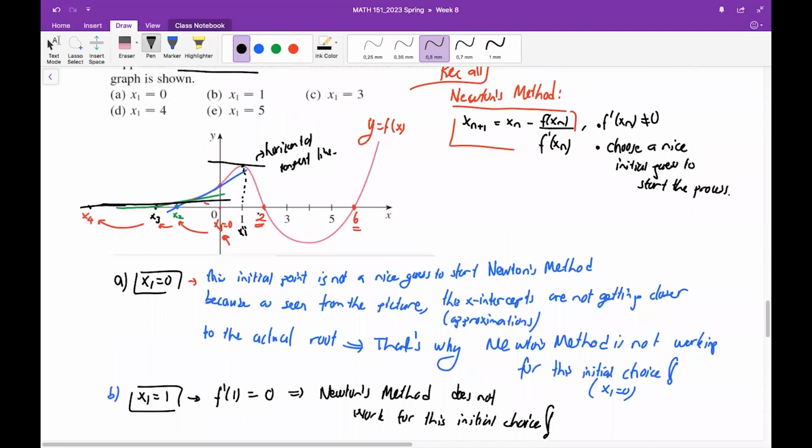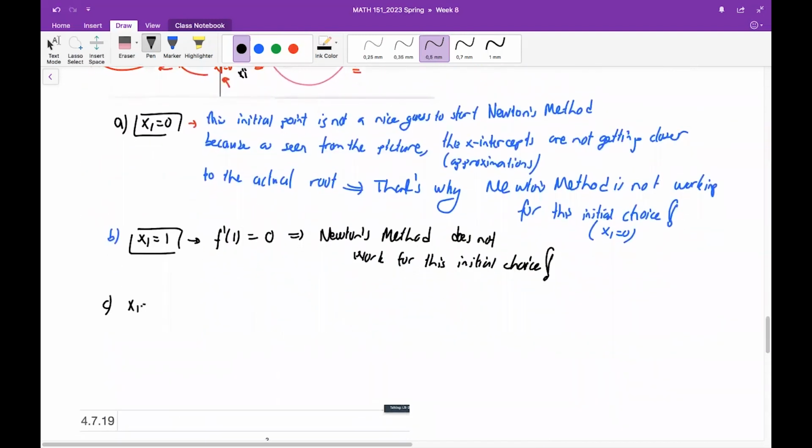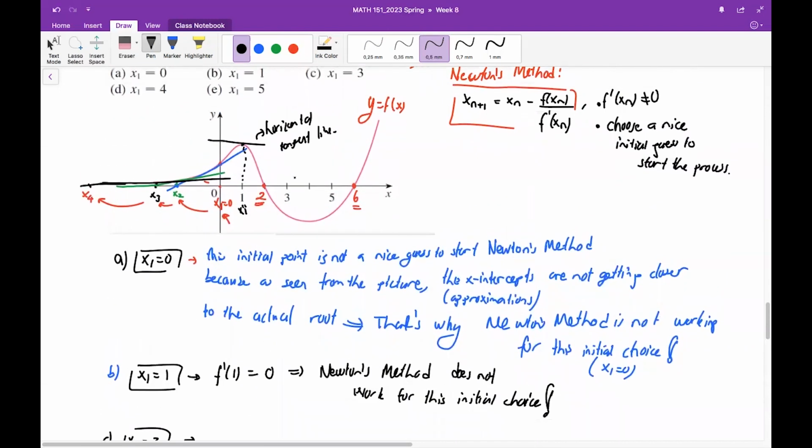Let's try x1 equals 3, see what happens then. Again, we will try to understand by drawing tangent lines recursively after one another. Okay, x1 equals 3. We take this as the initial guess, as the initial point. The first tangent line will look like this one.